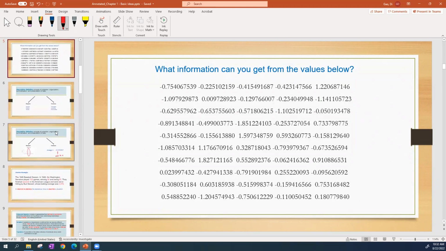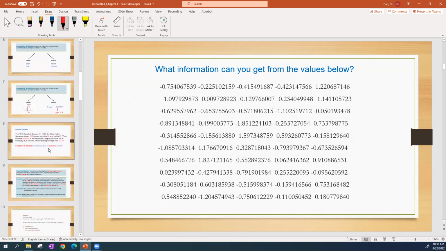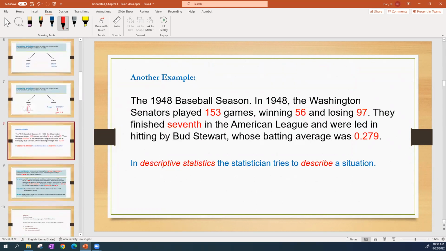Okay, that's descriptive statistics. Before we move to inferential statistics, let's look at another example. The 1948 baseball season. In 1948, the Washington Senators played 153 games, winning 56 and losing 97.